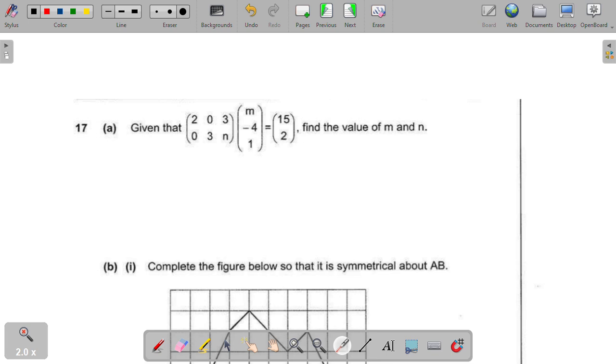Okay, so what do we do? We multiply first row, this one by that, this one by that. So let's do the calculations.